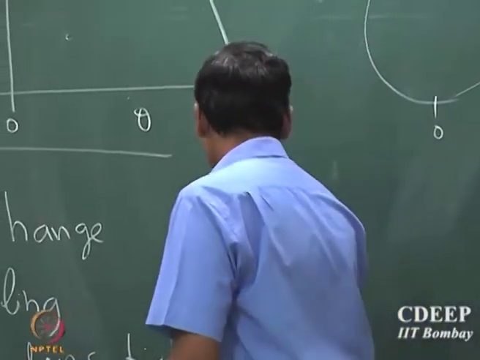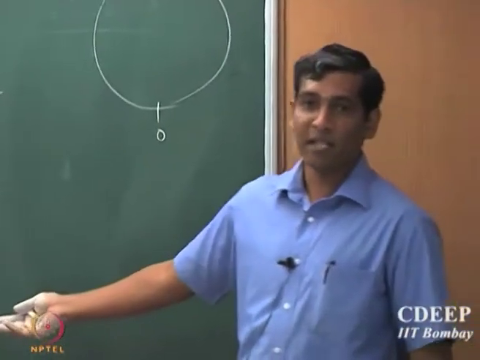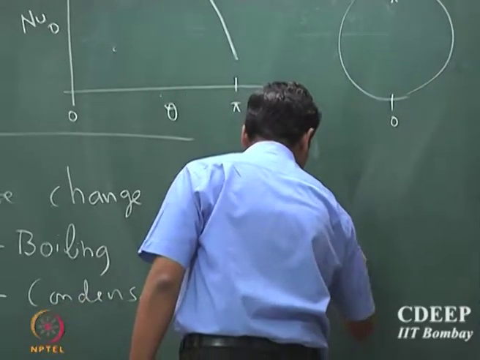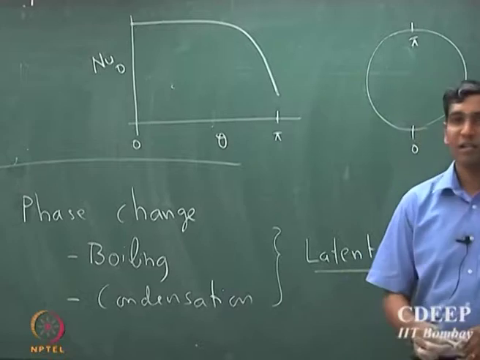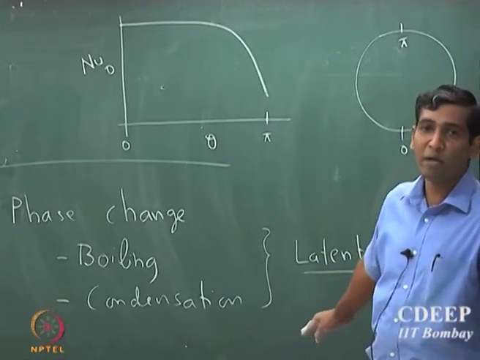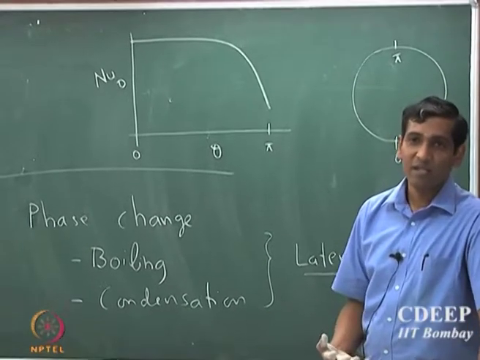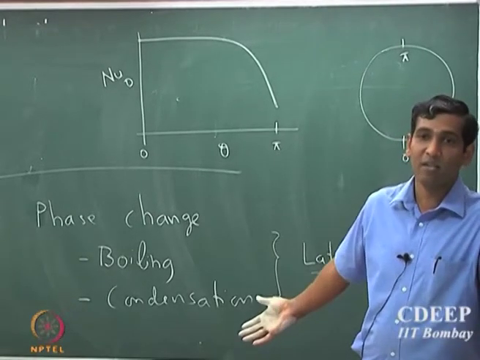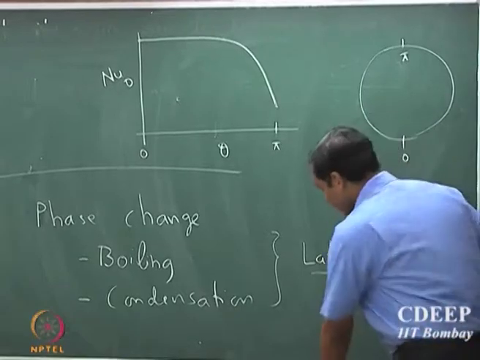So the nature of the heat that is left or taken up by the fluid is the latent heat. We are going to start looking at when latent heat plays an important role in the transport processes. How do these analyses change, what's the nature of the correlations that we're going to get, and what's the nature of the solutions that we're going to get. Okay. That's what we're going to start in the next lecture.